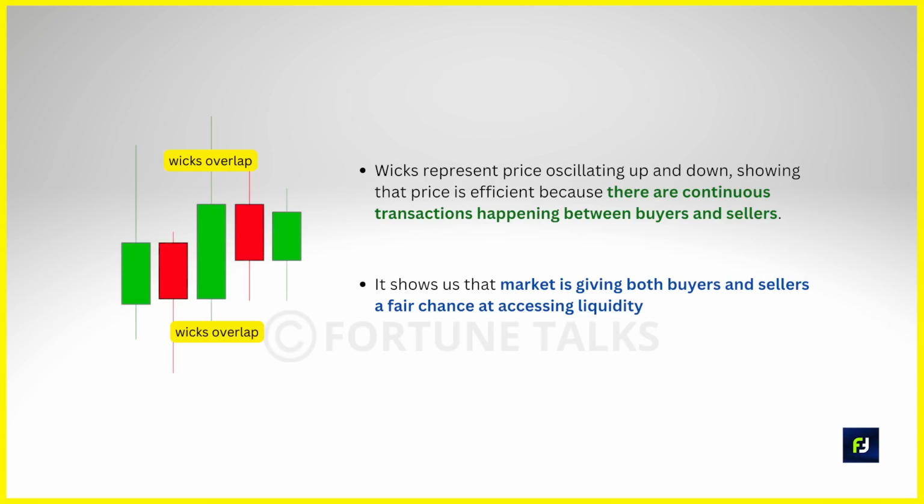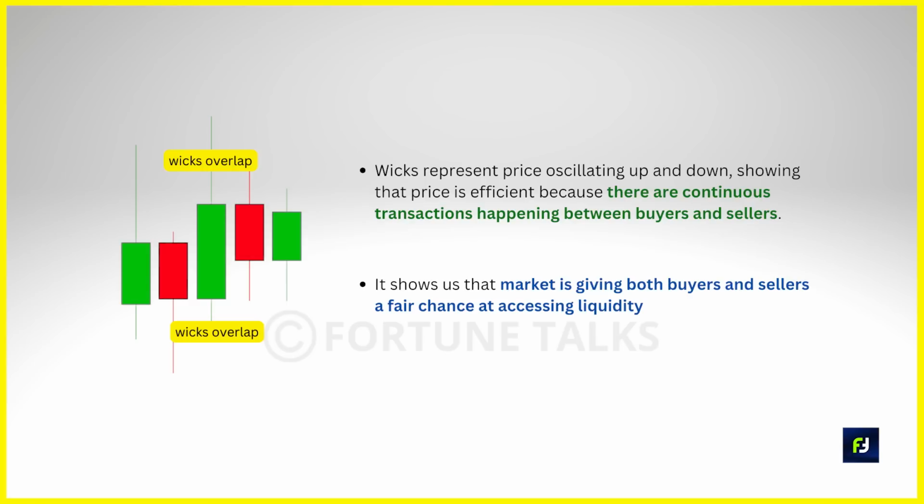Now, if you think about it, wicks usually represent price oscillating up and down within the time it takes to print an entire candle, showing that the price is efficient because there were continuous transactions happening between buyers and sellers. So it shows us that price is giving both buyers and sellers a fair chance at accessing the liquidity.